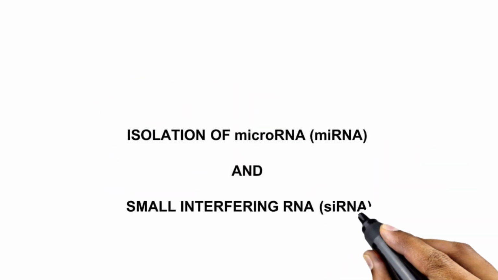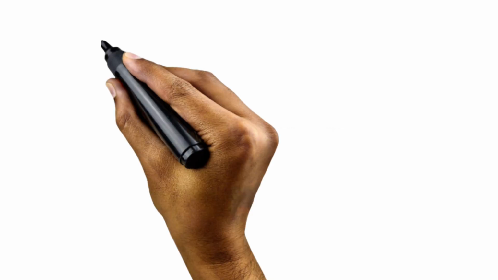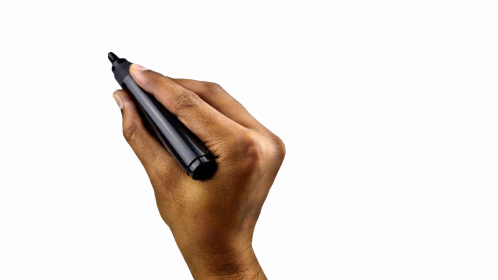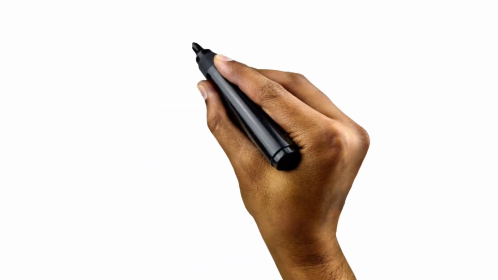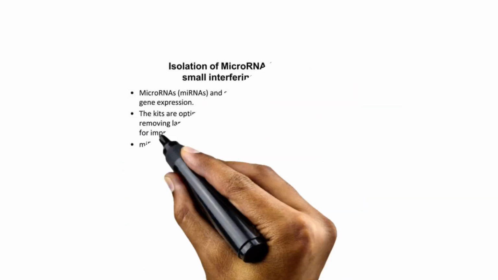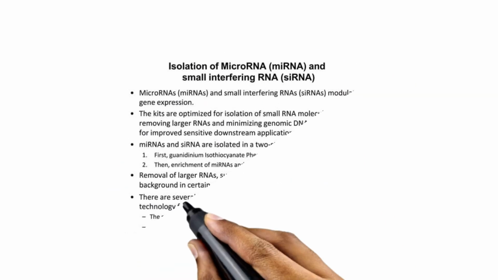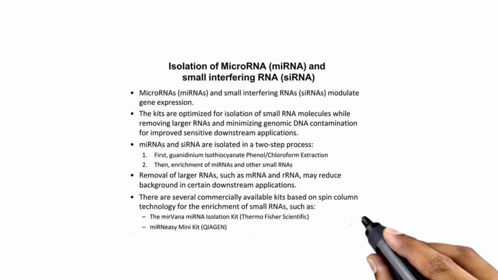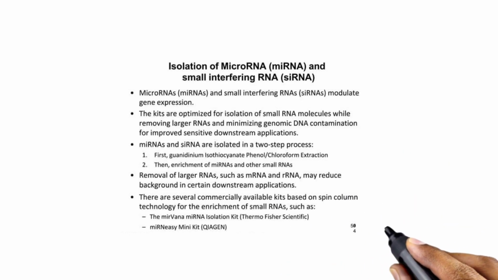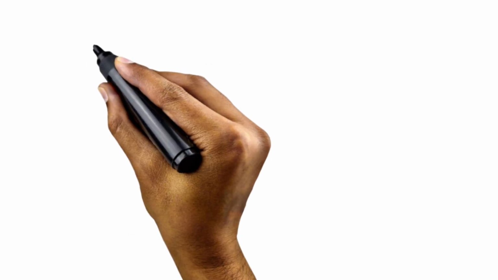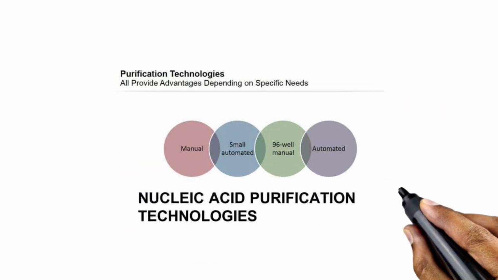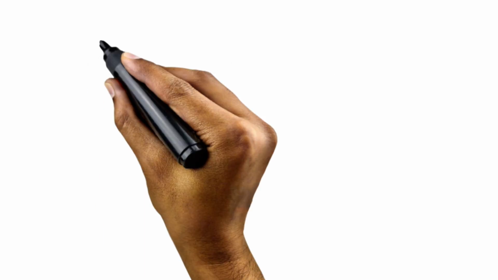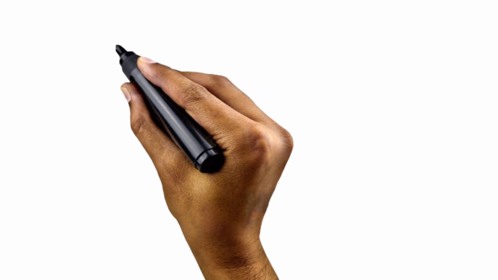Isolation of microRNA and small interfering RNA. So this is the method. Now I'll show purification technology. There are different kinds of nucleic acid purification technologies.